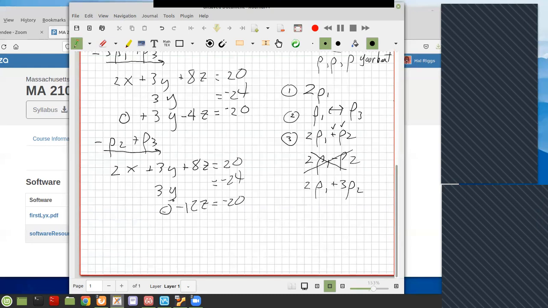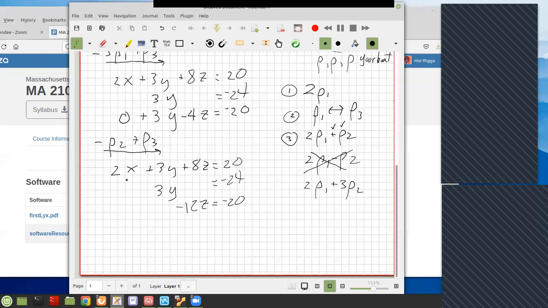And this is an echelon form. Let me erase this 0 here. Okay, because the leading term in each row is to the right of the leading term in the previous row. So this term is to the right of this term, and this term is to the right of this term when they're lined up.